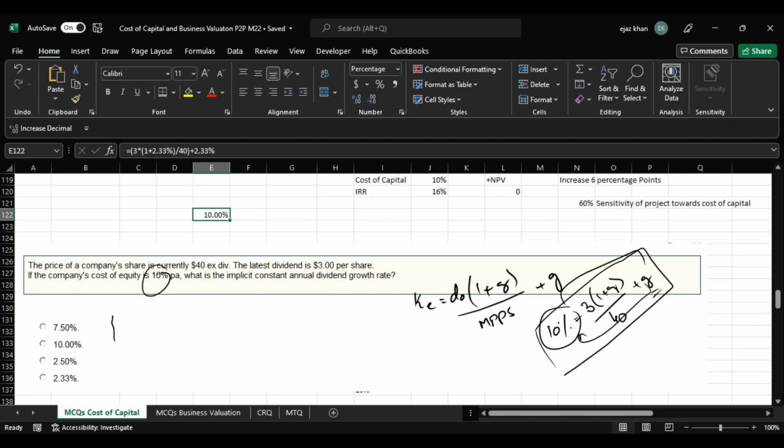So it's 10%. The cost of equity is 10%. If we put the growth rate of 2.33%, that's the correct answer. And we can find out the same 2.33% by just arranging these values and find out G mathematically.